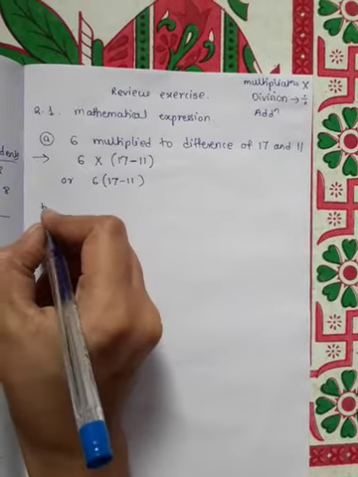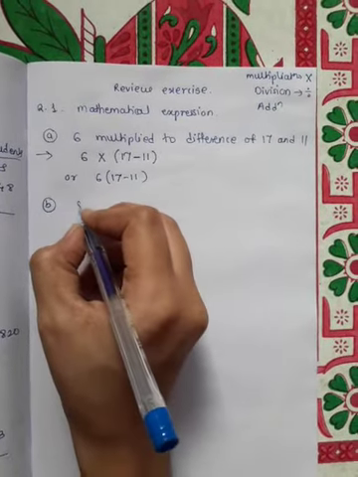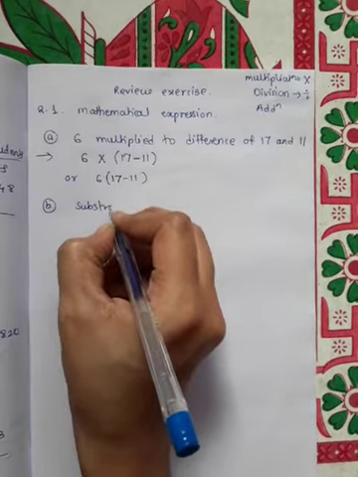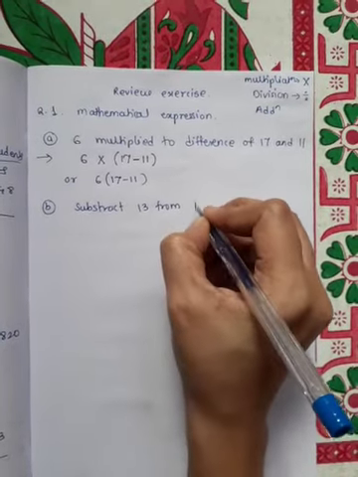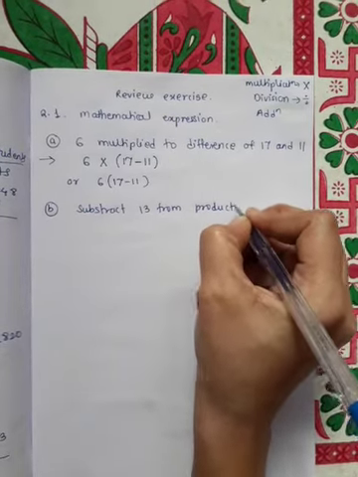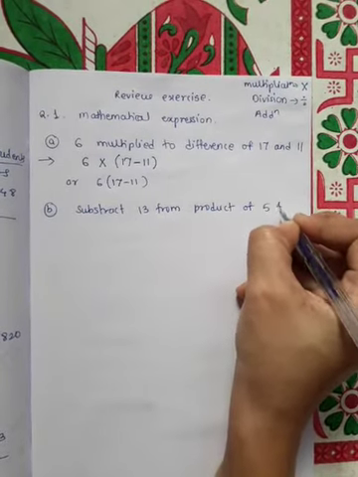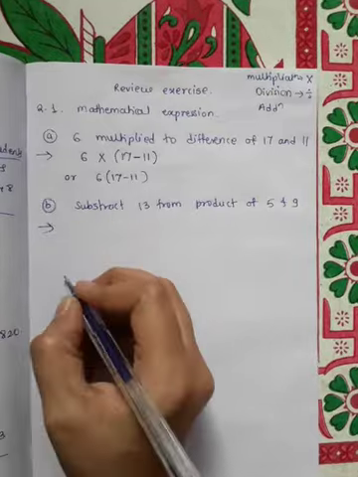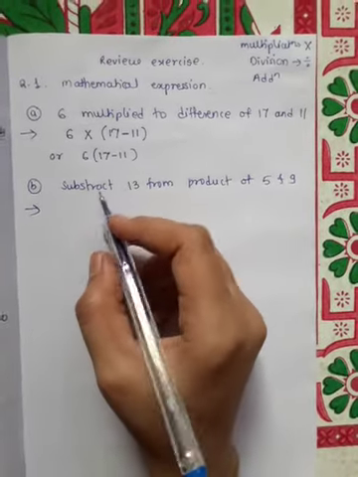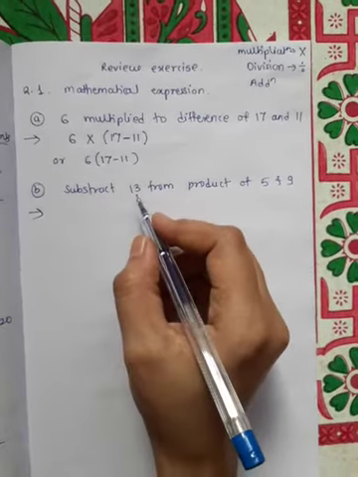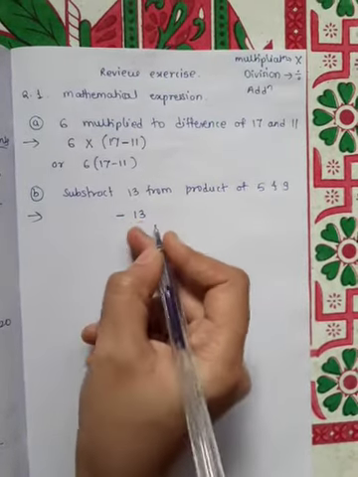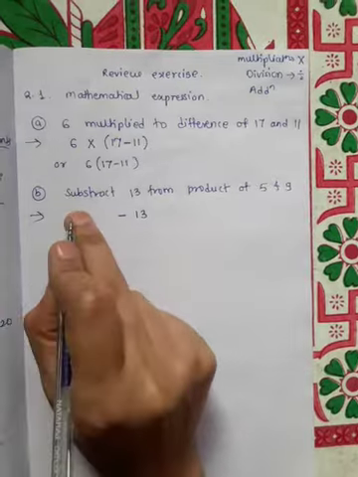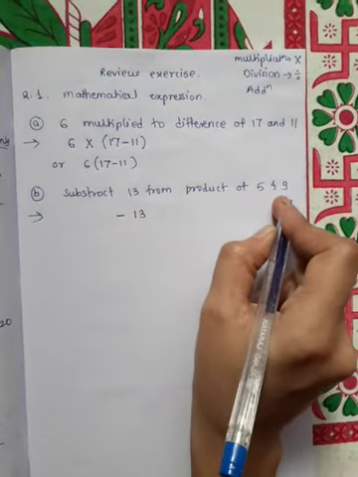Now see the second one: subtract 13 from the product of 5 and 9. Here we have to subtract 13 from the product of 5 and 9.